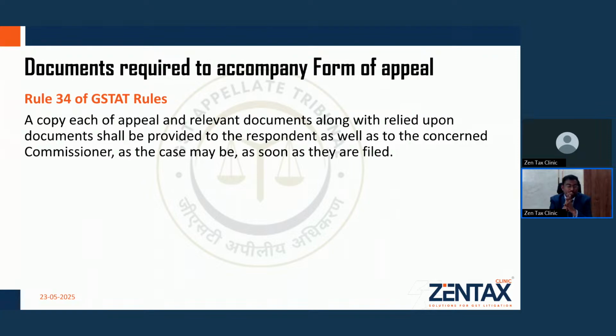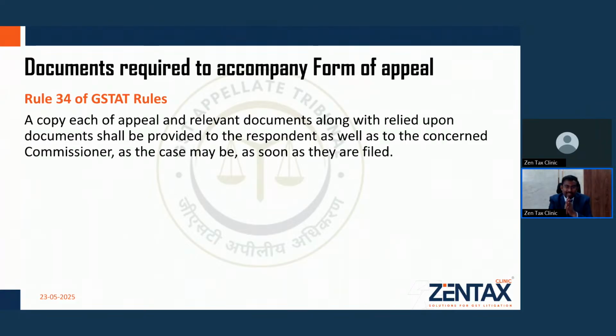Okay, fine. So rule 34 talks about the copy of the appeal along with the relied upon documents, certified copy, all these things. Should I file it only to the GST Appellate Tribunal? No. You are required under Rule 34 to provide a copy of the same to the respondent also.